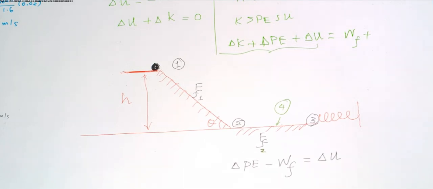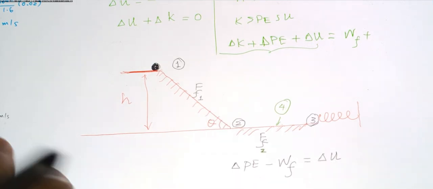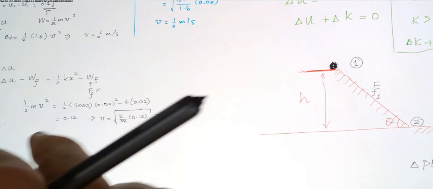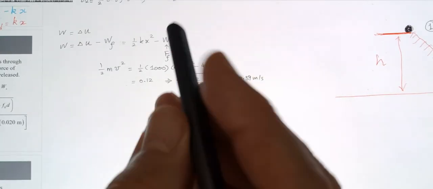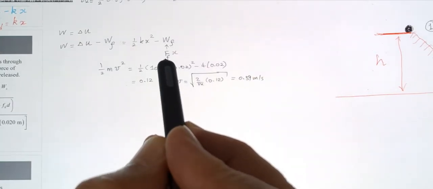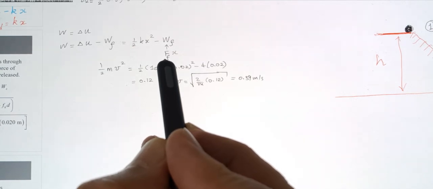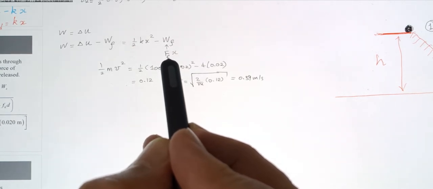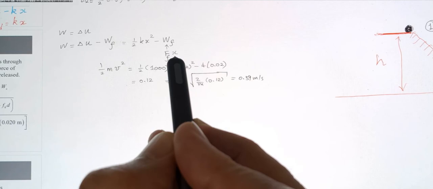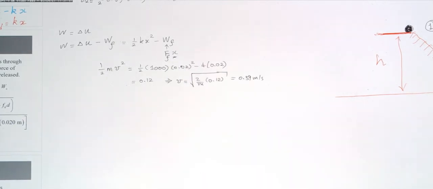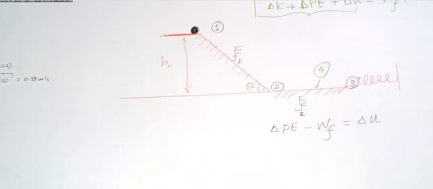And the work done by friction is both from the incline and from friction force 1 and friction force 2. And if there is friction in the spring, we just solve it here. You see, this is when we have friction under the spring. So we consider the force of friction, and we multiply by the distance it will be compressed inside the spring.